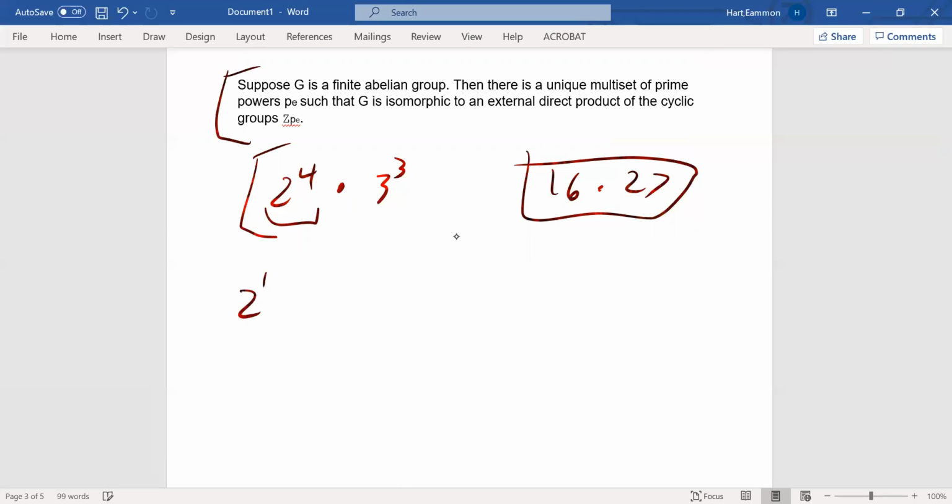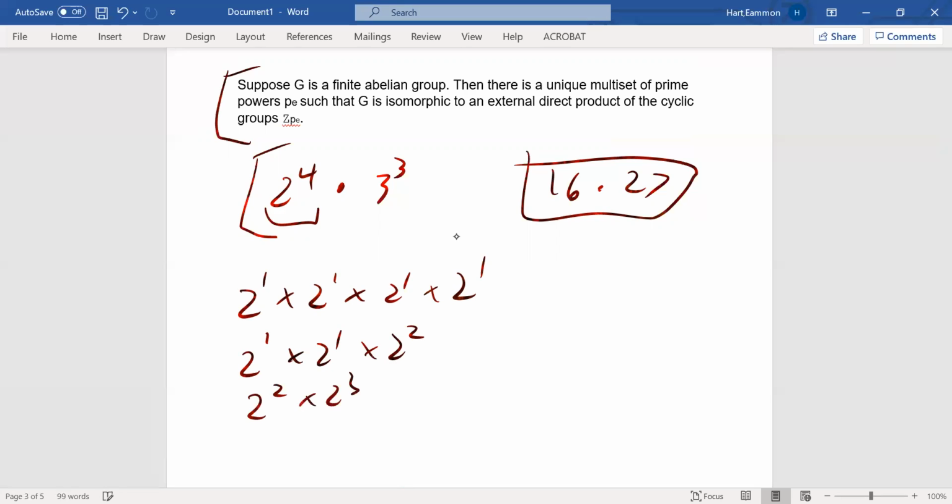I can do 2 to the 1 cross 2 to the 1 cross 2 to the 1 cross 2 to the 1. I can do 2 to the 1 cross 2 to the 1 cross 2 to the 2. I can do 2 to the 2 cross 2 to the 2. I can do 2 to the 3 cross 2 to the 1, and I can do 2 to the 4, right?